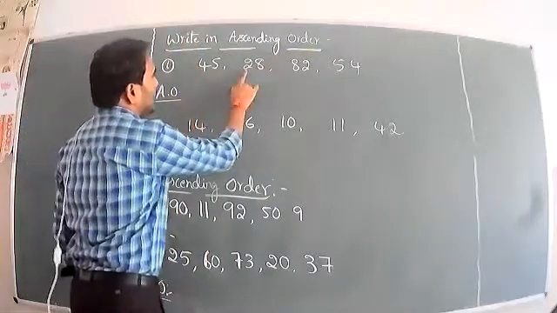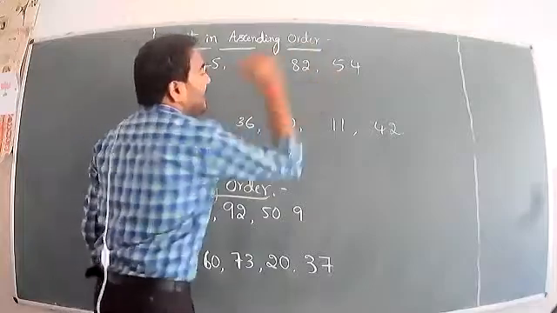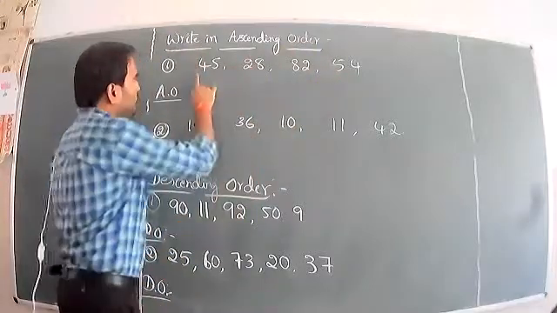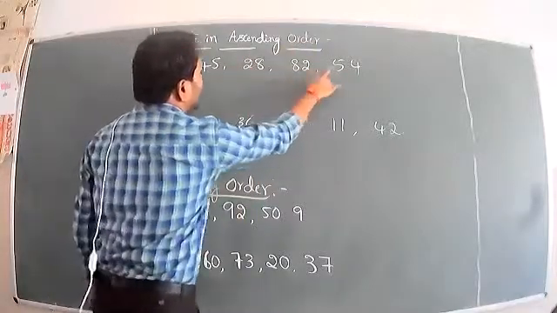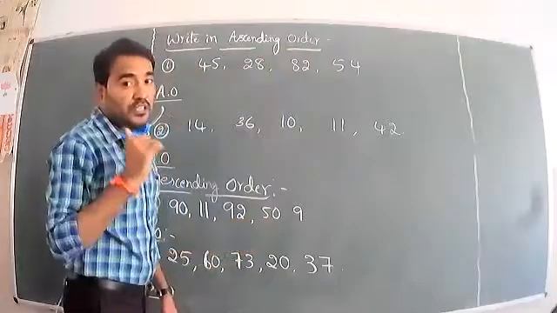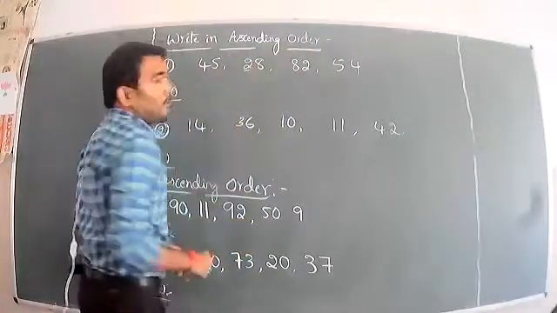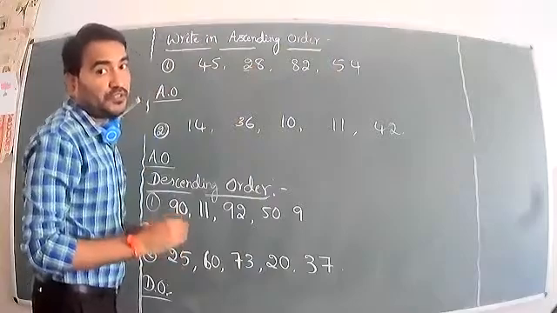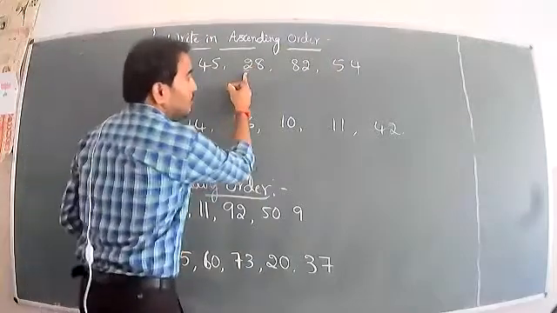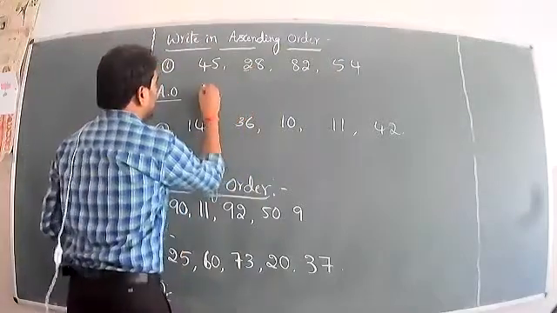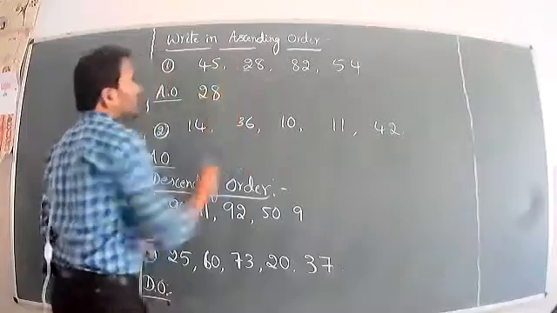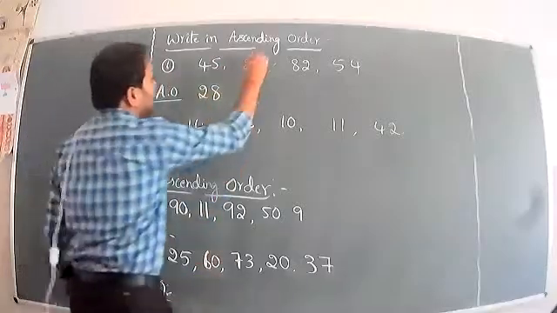Here 4, here 2, here 8, here 5. Which tens value is smaller? Here the tens value is smaller, it is 2. That number we should write first, because 2 is a very small tens value: 28 first.